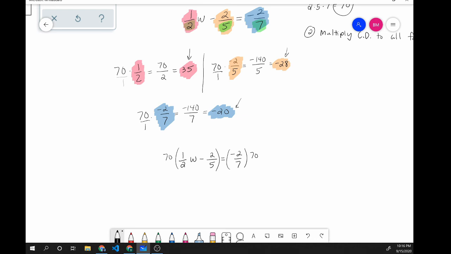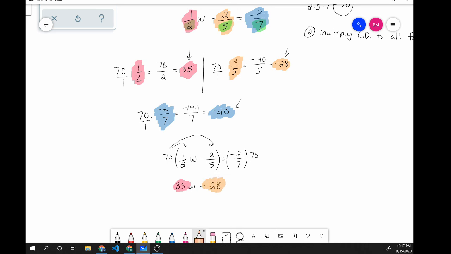So 70 times 1/2 is 35W. Now 35 came from our math up here. There's a 35 right up top. And 70 times negative 2/5 is minus 28. And our minus 28 came from our math up top again.